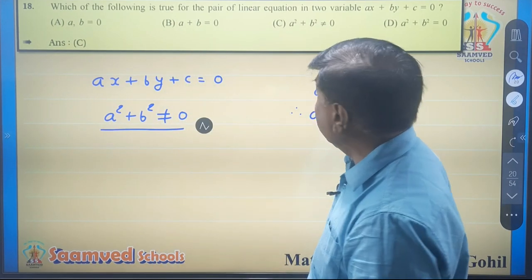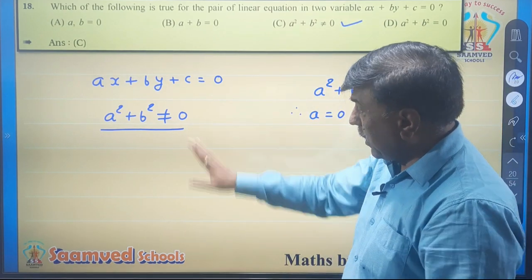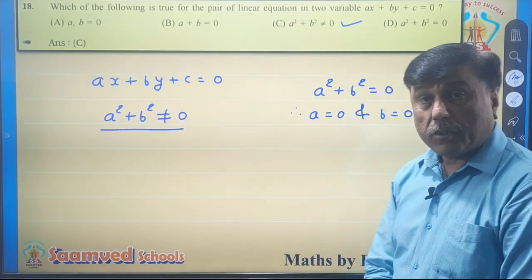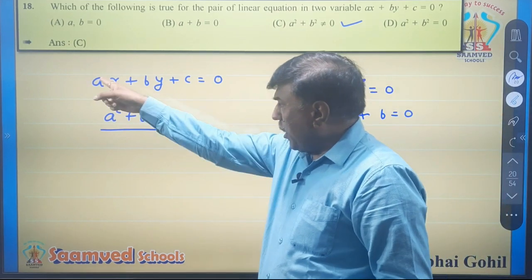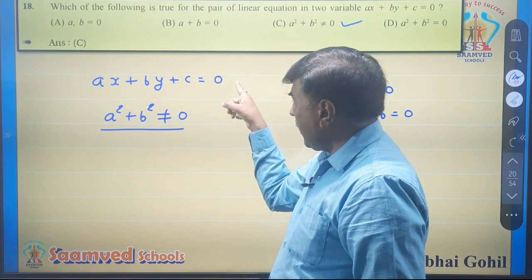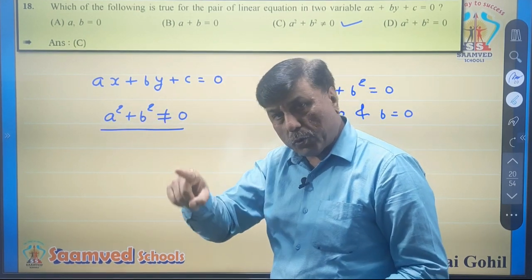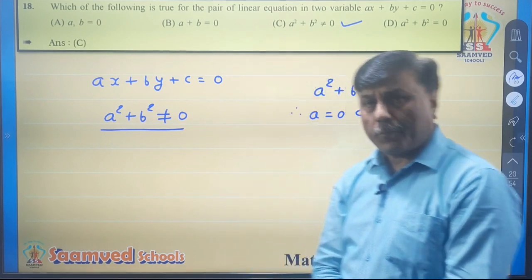This is the condition. So the answer will be option C. Again, this is a theory point. You must know, if you want to say this is a linear equation, there must be a condition: a square plus b square does not equal 0. Clear?